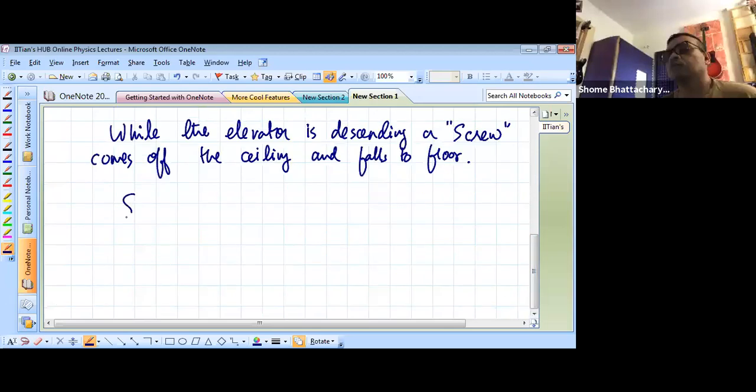Okay. So given that the acceleration of the elevator a0 was 4 meters per second square, and the acceleration due to gravity is 10 meters per second square, and the height of the elevator is 6 meters.